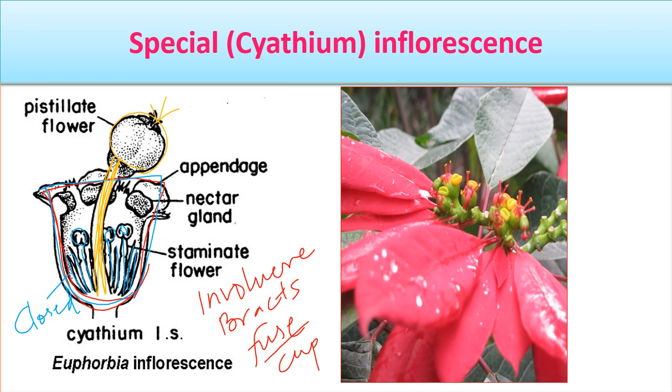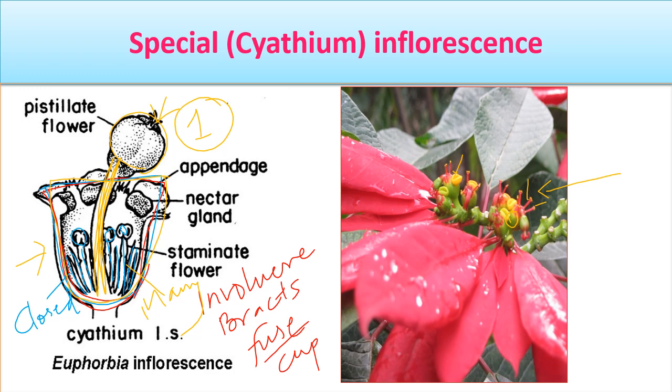Now in this type of inflorescence, one female flower is surrounded by many male flowers, but these male flowers are enclosed, and such type of inflorescence is generally seen in the genus Euphorbia, as well as here this is poinsettia, and this is an example of Euphorbia. Here you can see nectary, here you can see stigma, and inside these structures there are actually male flowers.